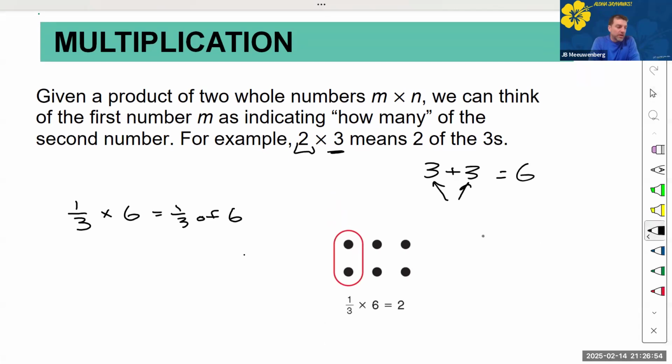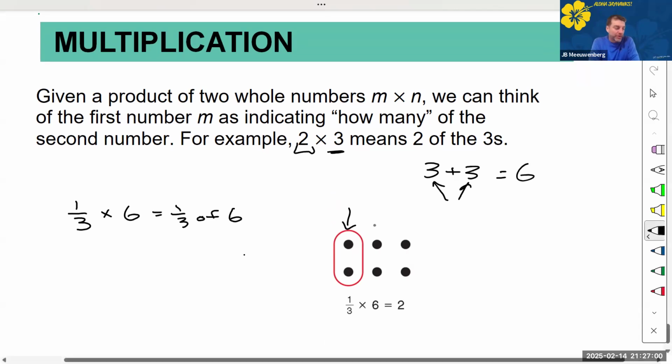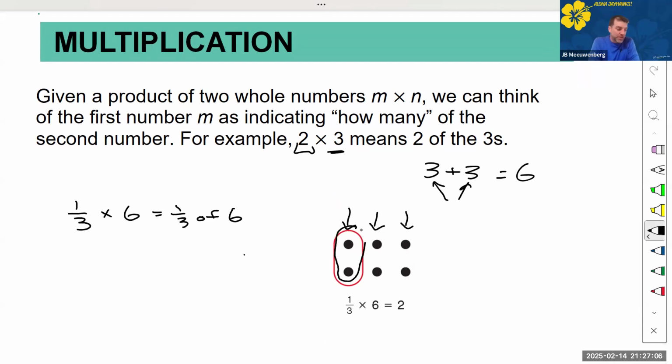So again, we have the 6 dots, and we're taking 1/3 of them, right? Here are 3 groups, each with 2 in them, and we're taking one of those groups. So this is showing 1/3 of 6.